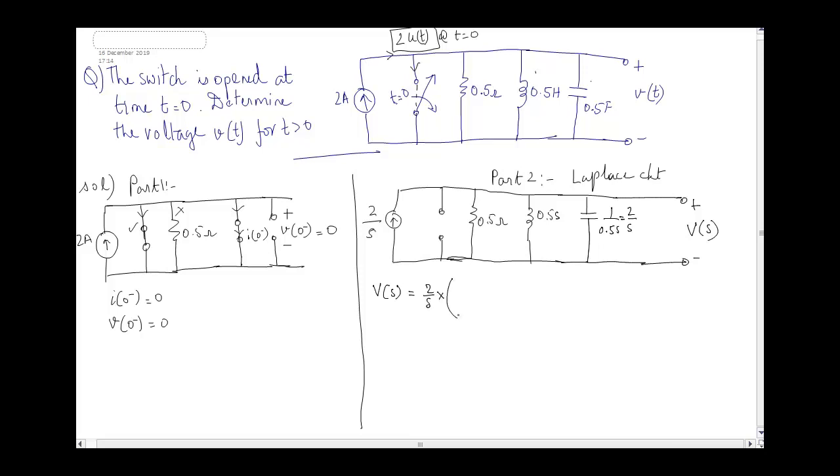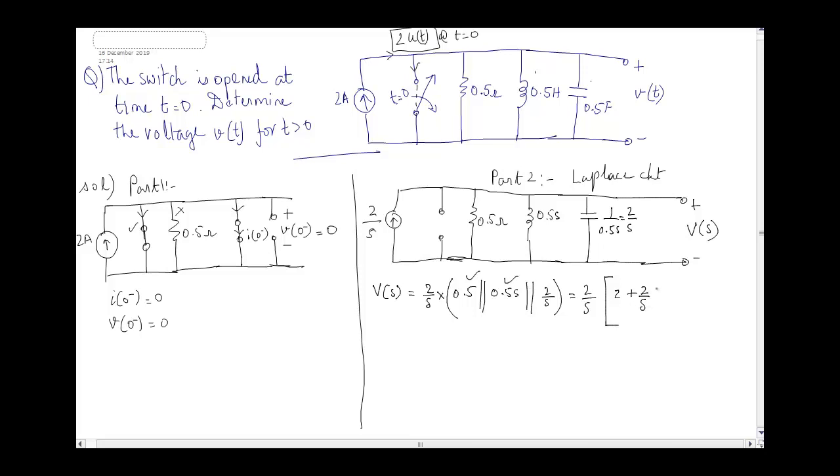The impedance is 0.5 parallel with 0.5 s parallel with 2 by s, and then we have to take the inverse. The inverse of 0.5 is 1 by 0.5, which is 2, plus the inverse of 0.5 s, which is 2 by s.